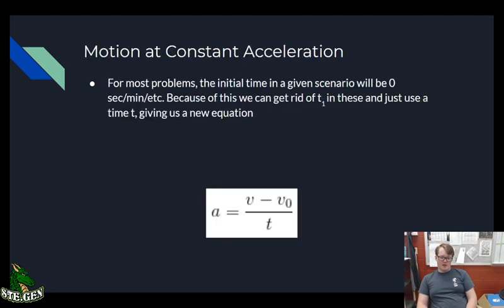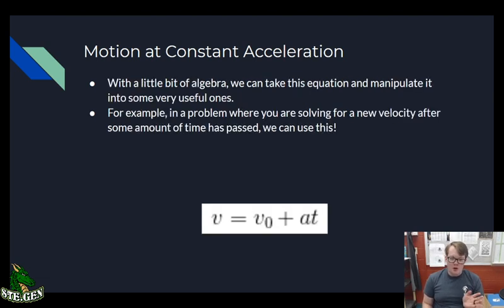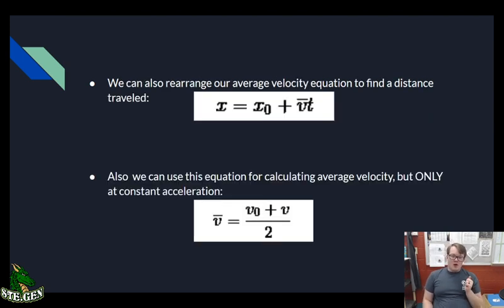So I'm going to go back here, and again, acceleration is equal to velocity minus initial velocity divided by time. That's assuming that time initially is 0. You can find a velocity from an initial velocity plus acceleration times time. Final displacement is equal to initial displacement or initial point plus the average velocity times time.